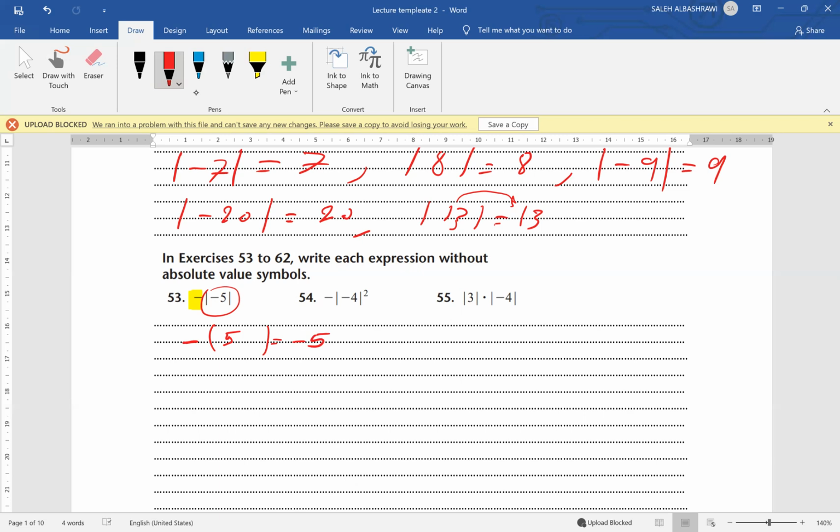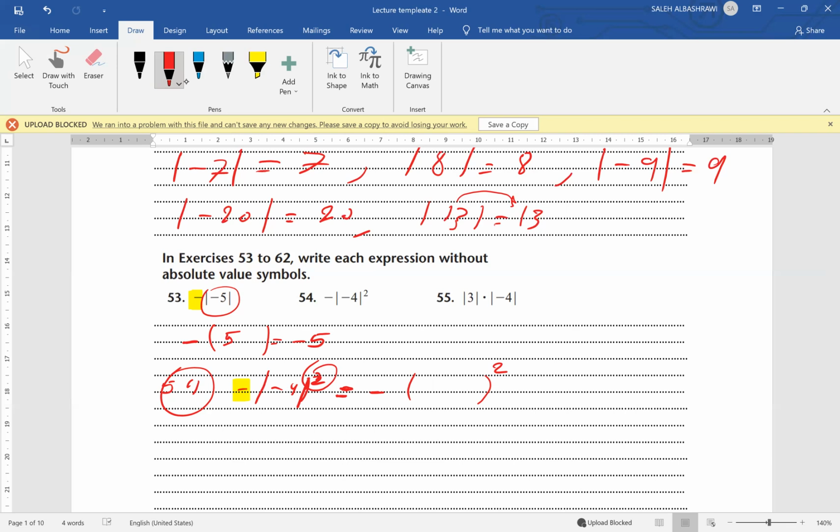For question number 54, I have minus the absolute value of minus 4, squared. Again, I will leave the negative as it is because it's outside the absolute value. Now I have a square; I will leave it as it is, but I write it with brackets now.